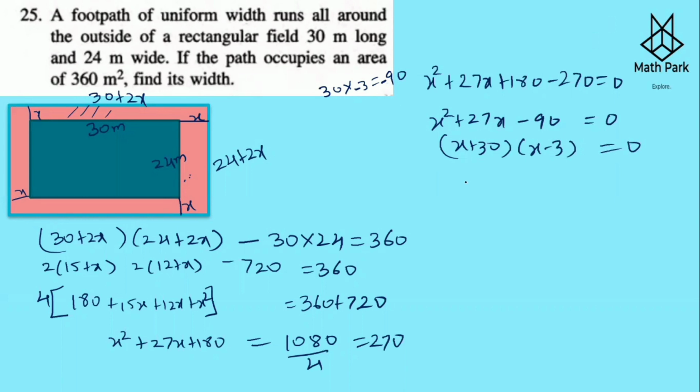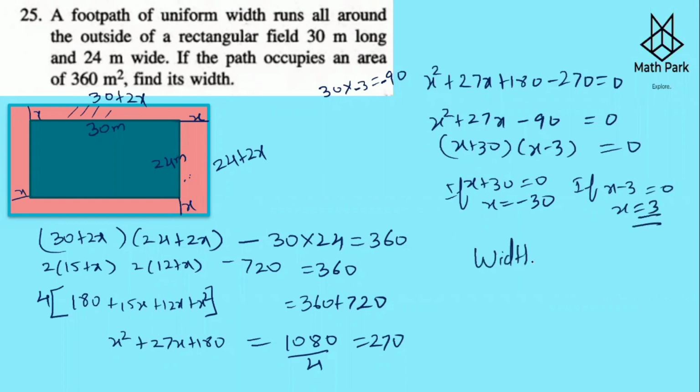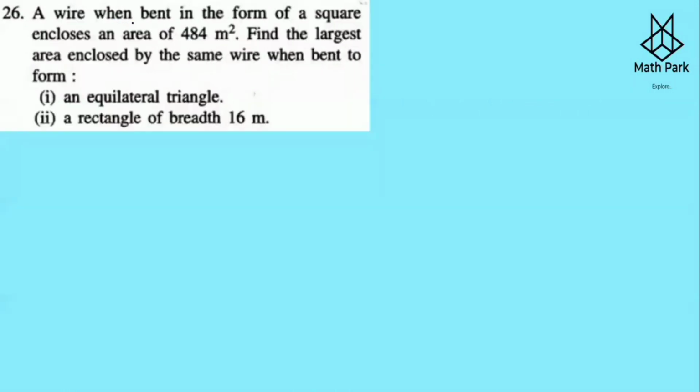So if x plus 30 is equal to 0, you get x is equal to minus 30. And if x minus 3 is equal to 0, you get x is equal to 3. The width cannot be negative. So this is how the width of the footpath is 3 meters. Understood?